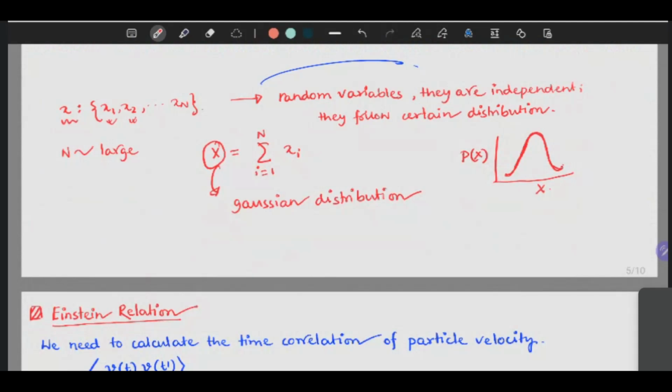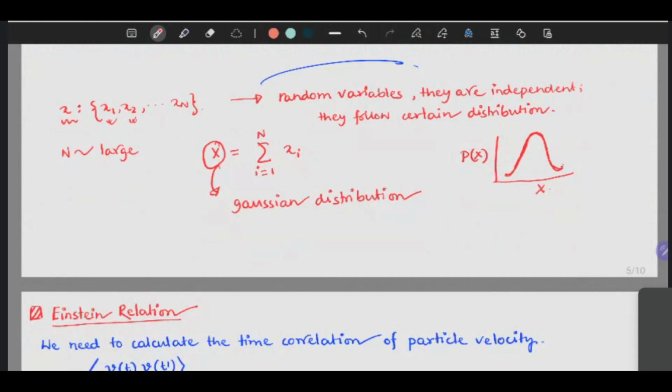If you want to calculate only v(t) whole squared, then that only comes to be v0 squared e to the power minus 2t by tau v plus 1 by m squared.